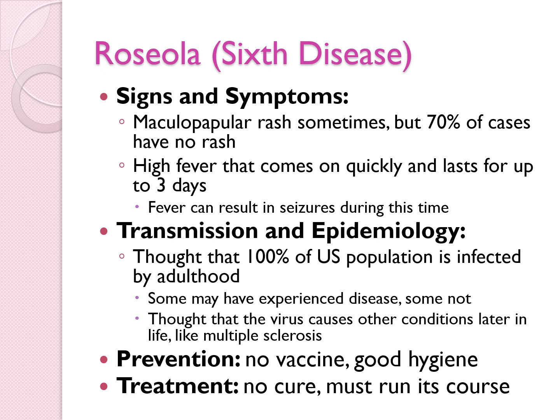So the transmission, and also talking about a little bit of epidemiology, it is thought that 100% of the U.S. population is infected with roseola by adulthood. Most people probably don't show many symptoms of this, but, you know, it is what it is.